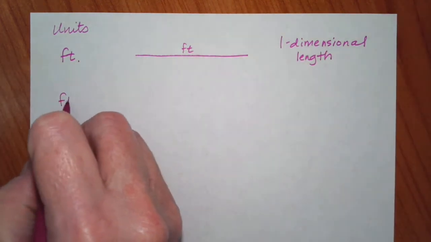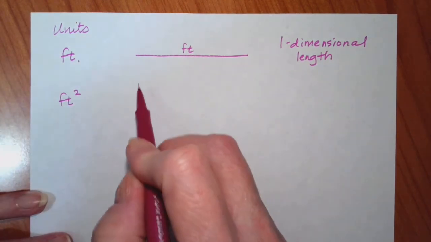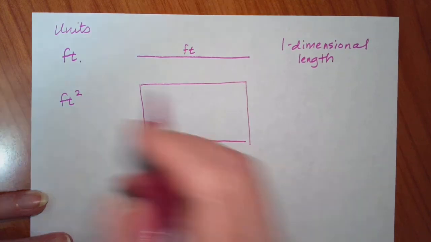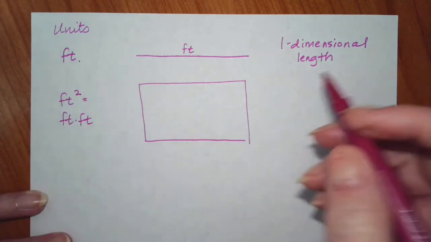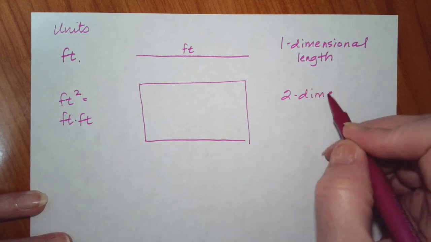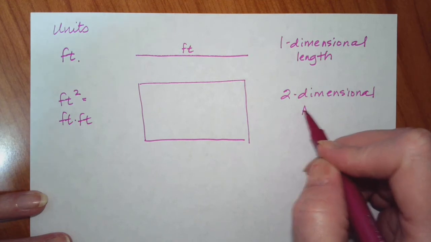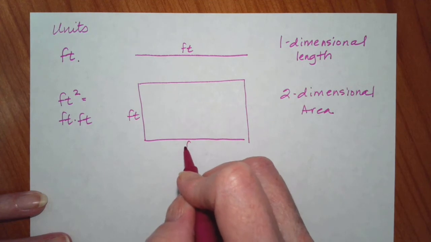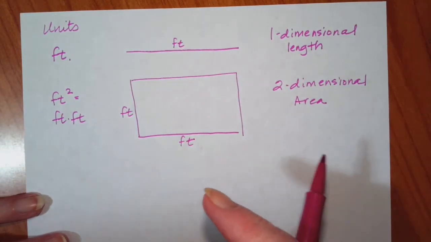If I'm looking at feet squared, which is feet times feet, I'm looking at two dimensions. And this gives us our area. So I would have feet here, and multiplying length times width is going to give me area.